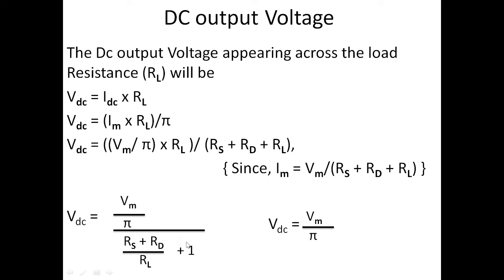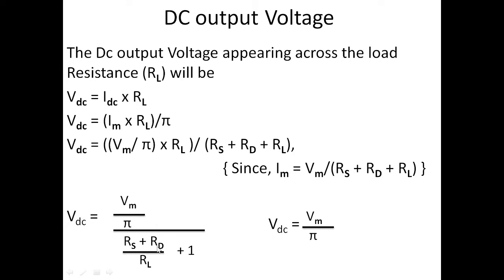Now, this is a very interesting expression. The denominator part has Rs plus Rt divided by RL, plus 1. For a very good transformer, the secondary winding resistance will almost be equal to 0. And when the diode is in the conducting mode, its forward resistance is also very low.